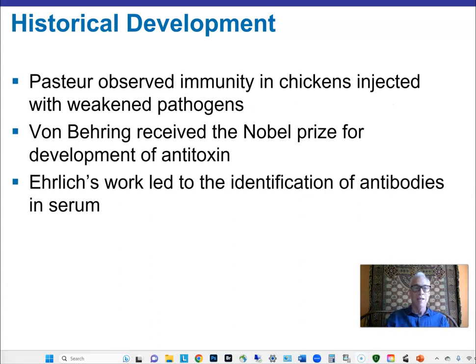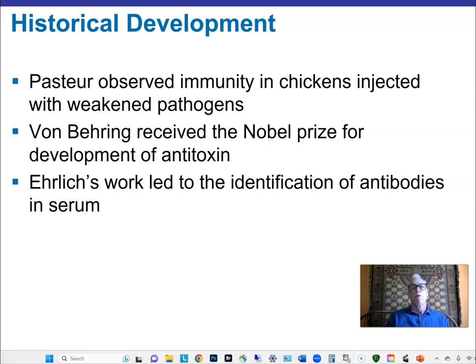We can put this in the context of some famous, historically important scientists. Pasteur observed immunity in chickens injected with weak pathogens, so that if they'd had a bout of some mild illness, then they would be immune later to other similar and related illnesses.